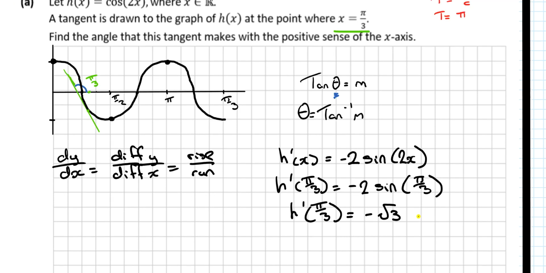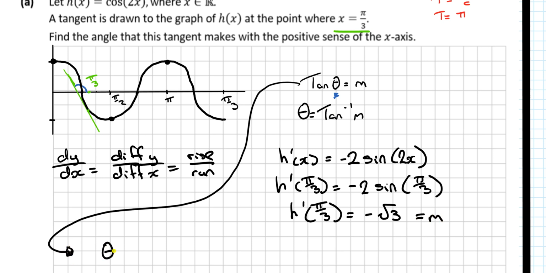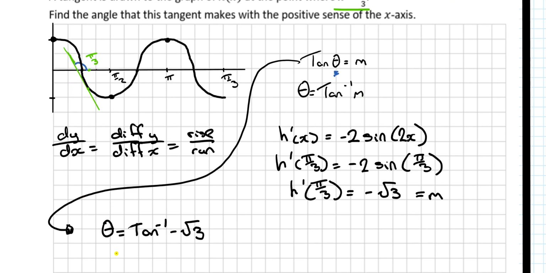Okay, so that is the m, that's the slope. So then if I use this piece of information and go theta is equal to tan inverse of minus root 3, theta is going to be minus 1 over 3 pi, or theta is equal to minus 60 degrees.